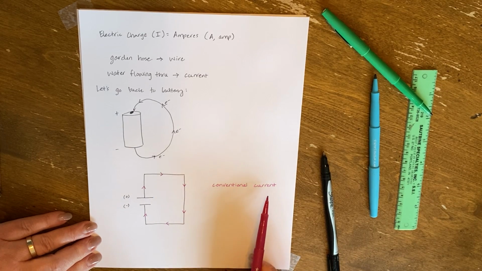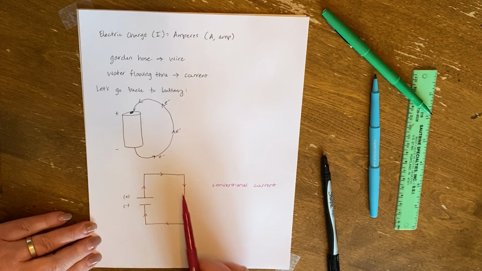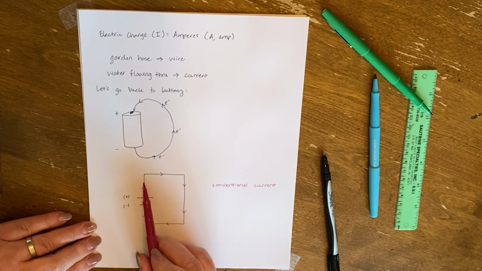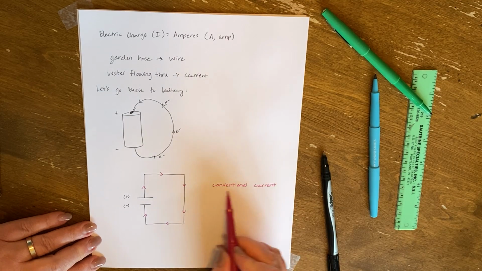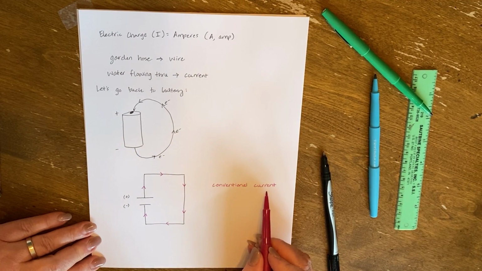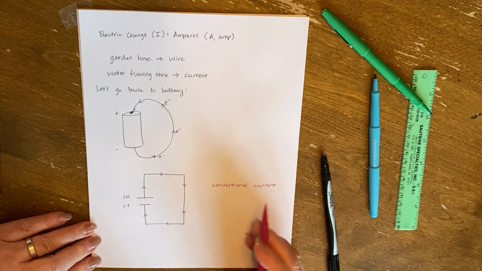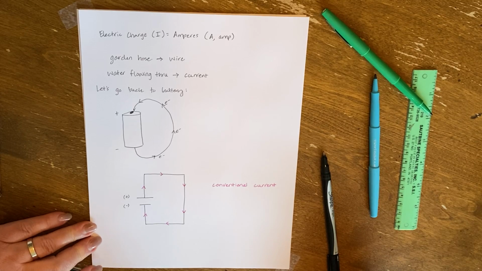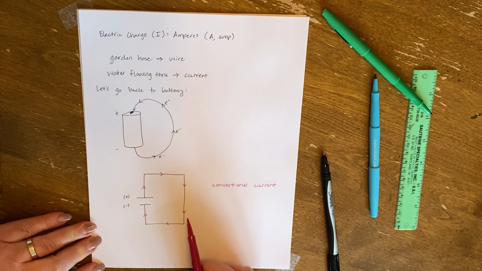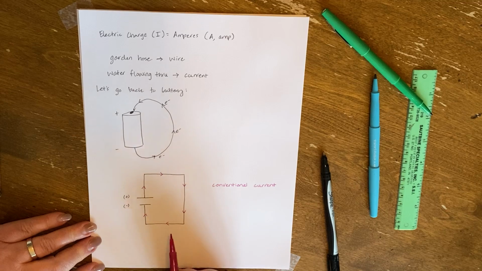And we can blame it all on Ben Franklin, because Ben Franklin understood that something was flowing through here, but at that point in time, he thought the electrons did flow from positive to negative. Later on, scientists figured out that wasn't correct, but since electronics drawings had been drawn this way in the past, physicists just kept that convention and we still use it today. Conventional current, okay? So you can blame this backward flow of electrons in the drawings on Ben Franklin.